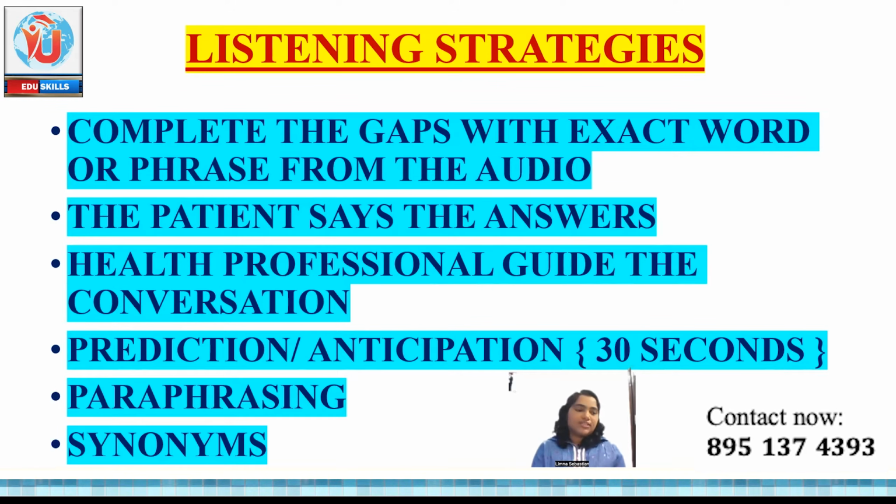So OET aspirants should know how sentences are paraphrased, because what they write in the question paper or in the text is paraphrased in your audio. So we should know about synonyms. If you know these things, it will definitely help in all subtests.